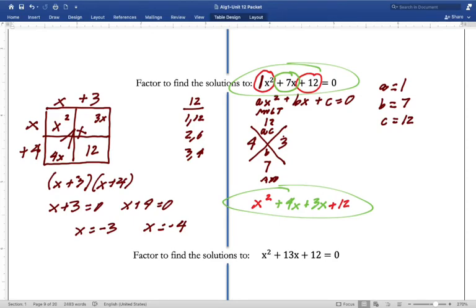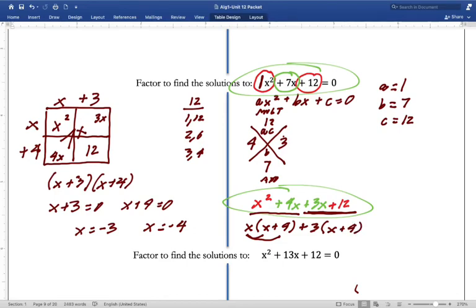Okay, so taking a look at x squared and 4x, what do they have in common? Well, they both have an x, and it leaves behind an x plus 4. Because x times x is x squared, and x times 4 is 4x. Now I look over here. What do 3x and 12 have in common? Well, they both have a 3. It leaves behind an x plus 4.